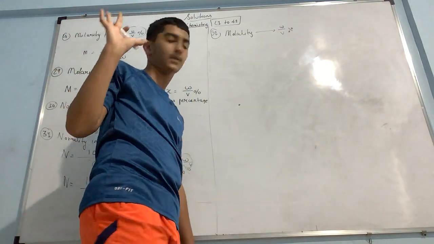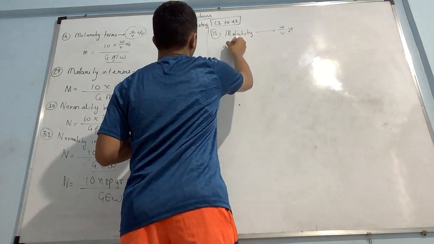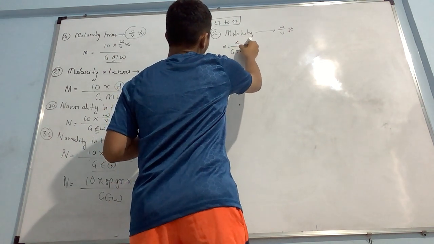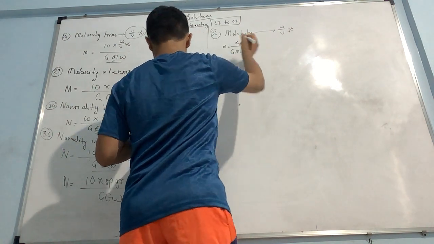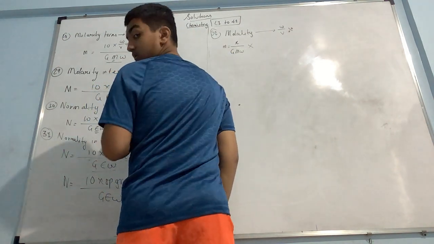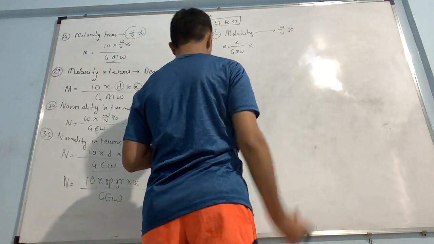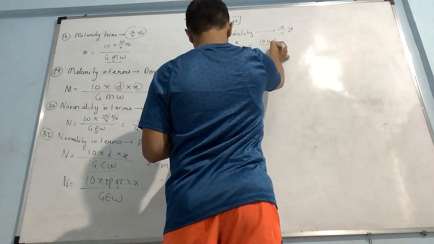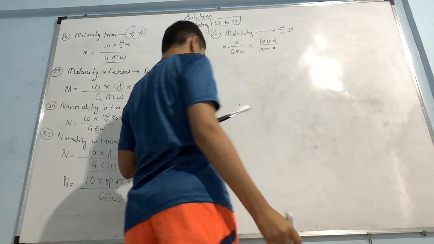The formula will be m equals x upon GMW, GMW multiplied by 1000, upon 100 minus x.